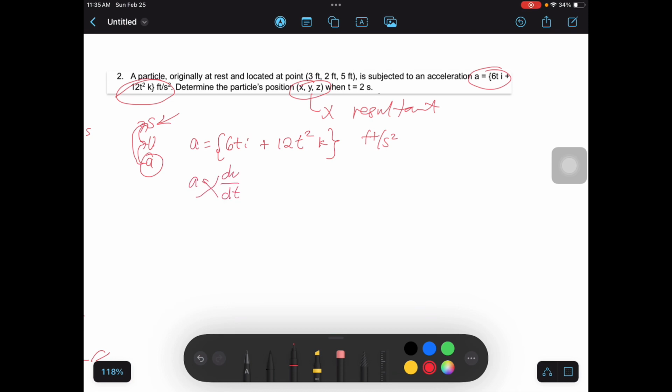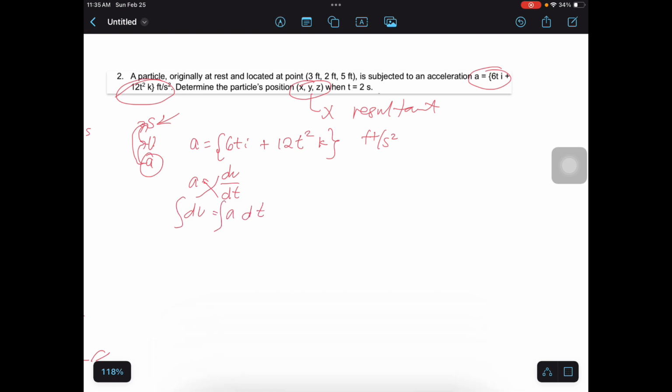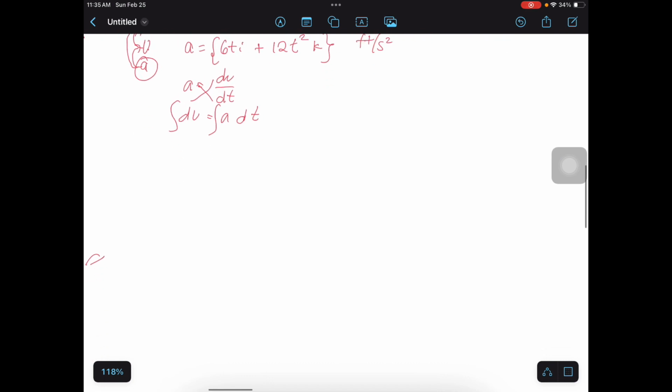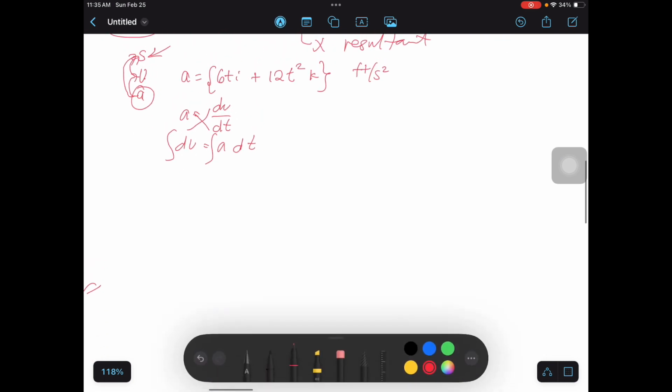So, from this definition, dv equals a dt. So, integrate natin siya. So, pag in-integrate ito, magiging yung velocity na. And then, what is our function na i-integrate dito? It is 60i plus 12t squared k dt.